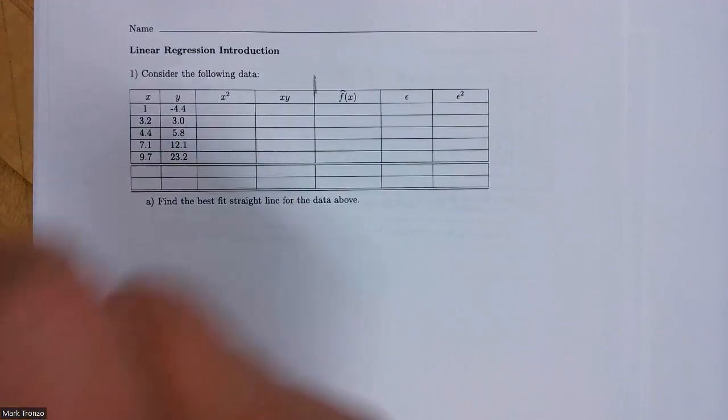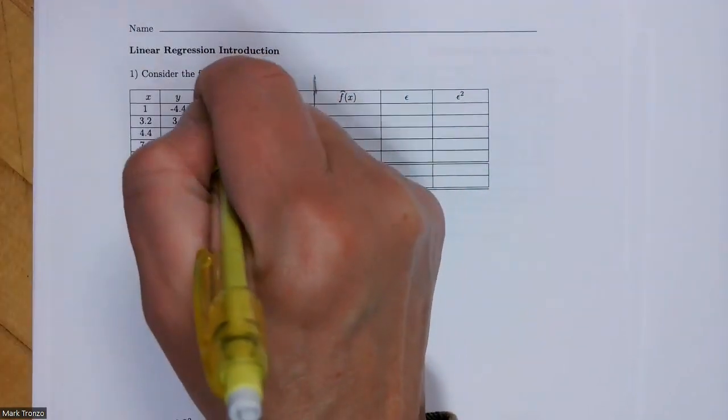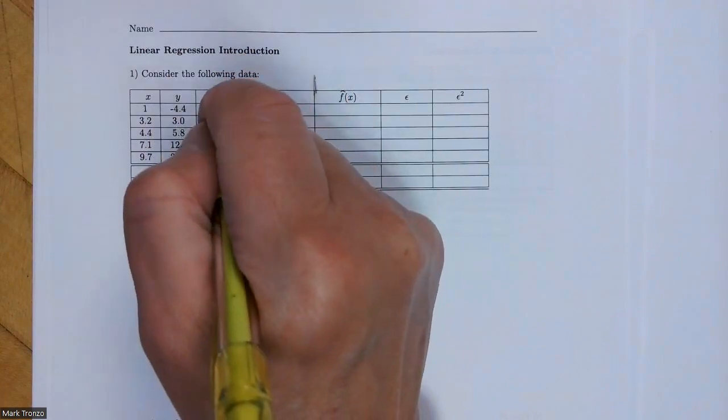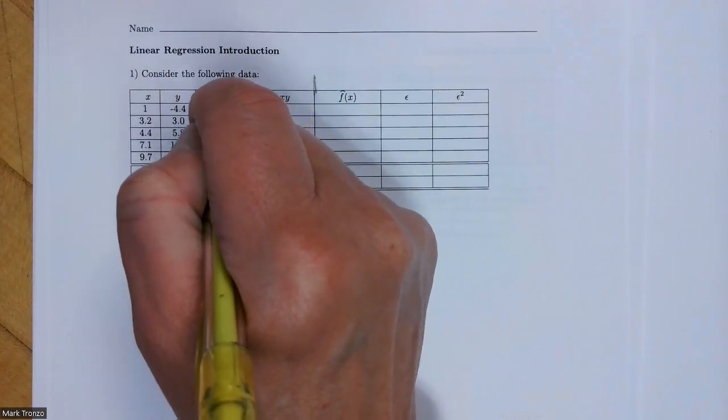In this first one here, this is going to be x squared. So it's just going to be 1. And this is 3.2 squared. When I did that before, that was 10.24.